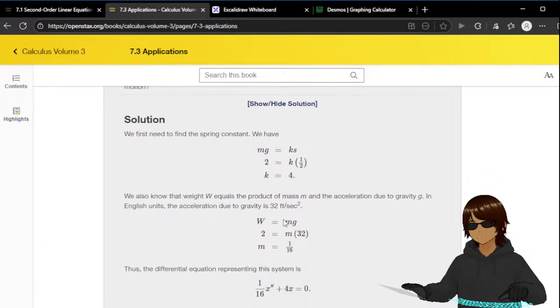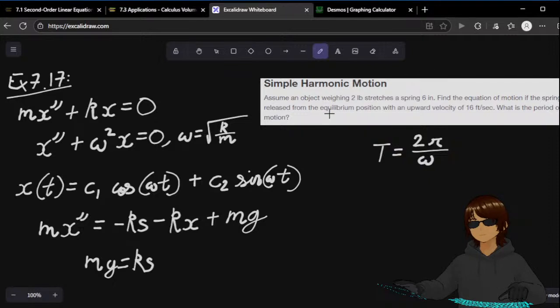We have this weight equal to mg. Mass is 1 over 6. But we have the mass, no? Wait, weighing 2 pounds.